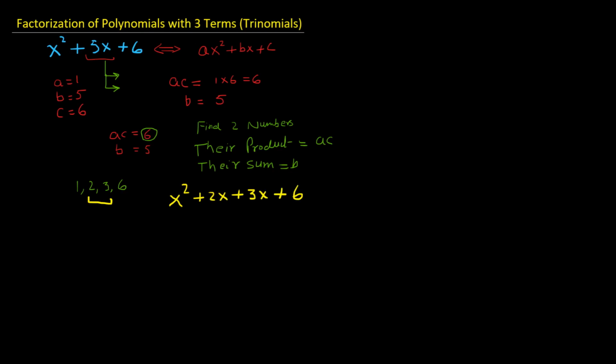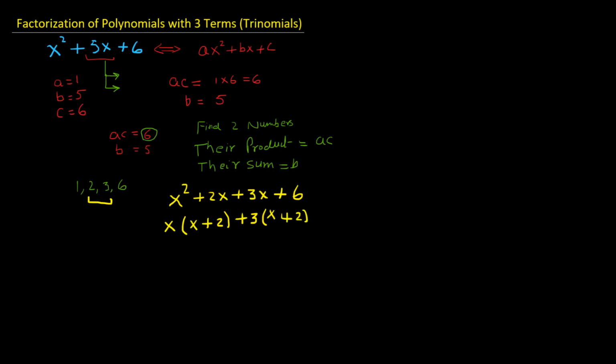Now if we take common, see what happens. We take x from the first 2 terms and we are left with x plus 2. And we take common plus 3 from the second 2 terms, because only a number is common between the 3rd and 4th term, so we are left with x plus 2.